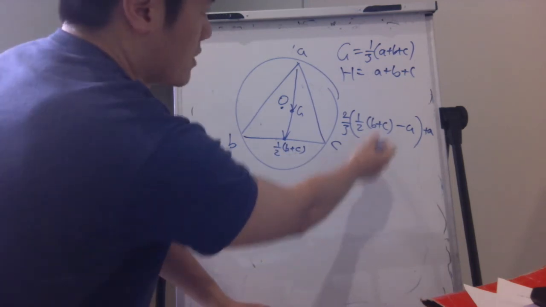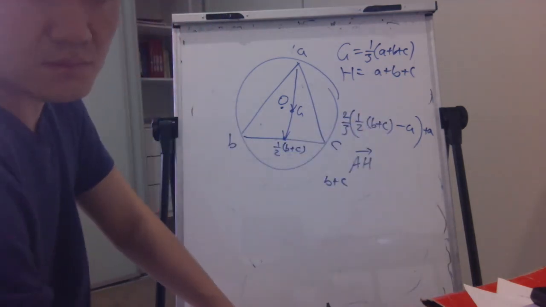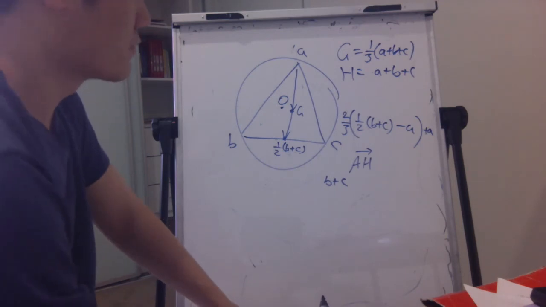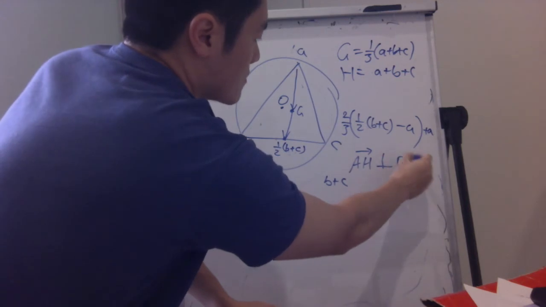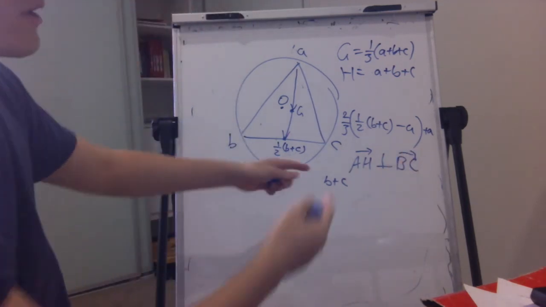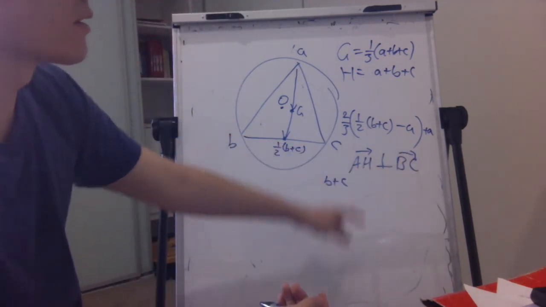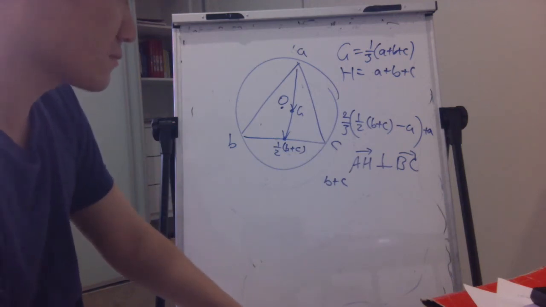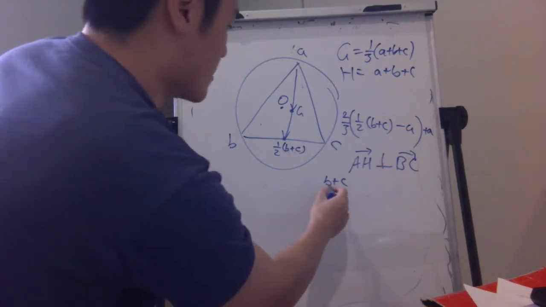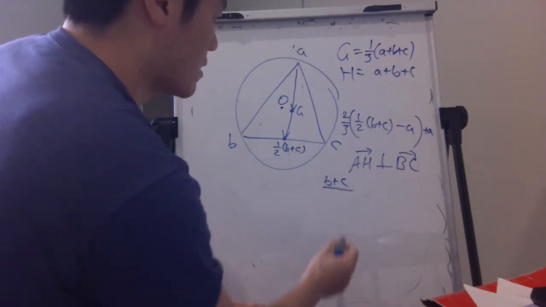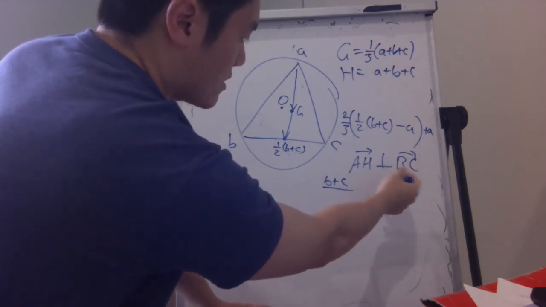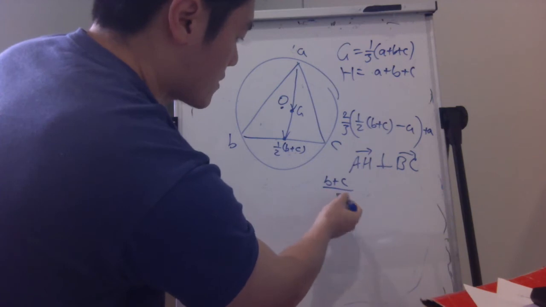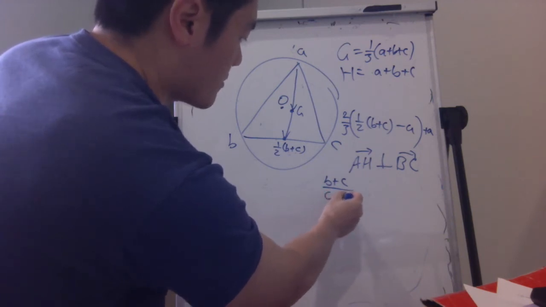It's H minus A. And basically, if you could show AH is perpendicular to BC, and all the other combinations of these kind of things, then H must be the orthocenter. So basically, you want to show that B plus C is perpendicular to BC or CB. You can say B minus C or C minus B.